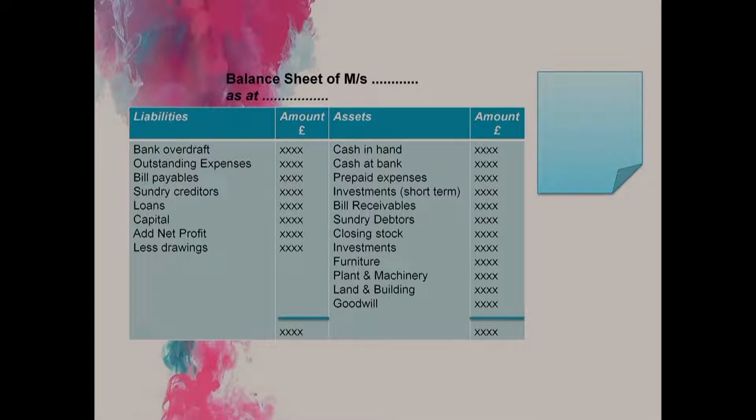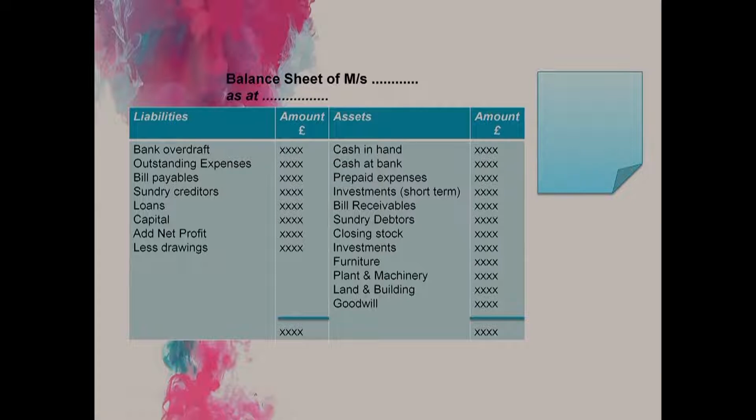Then you have land and building, and lastly you see is the goodwill. On this side, you will write first the bank overdraft, then outstanding expenses, then the bills payable, then sundry creditors, loans, and lastly will come the capital. Then to the capital you will add net profit, and then you will subtract drawings.